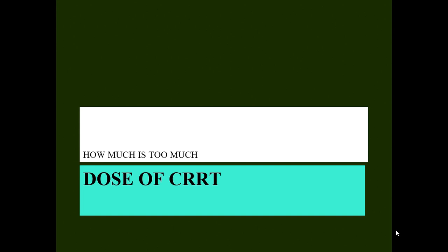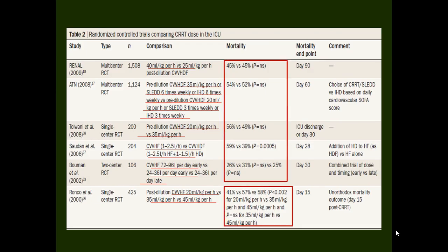Coming to dose of CRRT. Except for the Ronco study, one of the early studies in 2000, where they compared 20 to 35 to 45 and found 35 and 45 were better compared to 20, but no difference between 35 and 45, all other studies have found no difference, whether you are doing 40, 25, or 35. The problem is you can do high dose CRRT, but the problem is the cost.